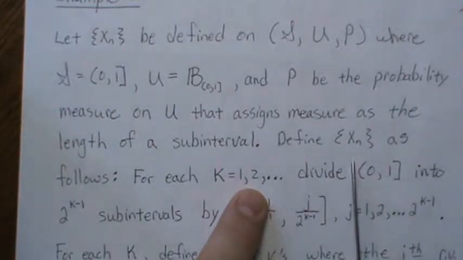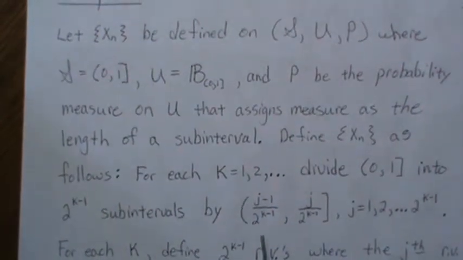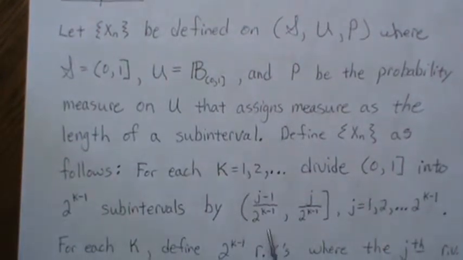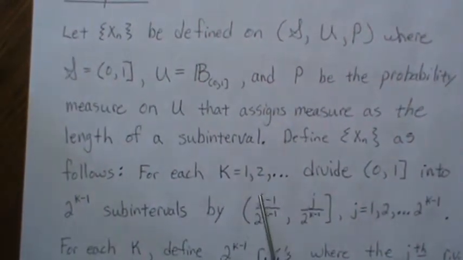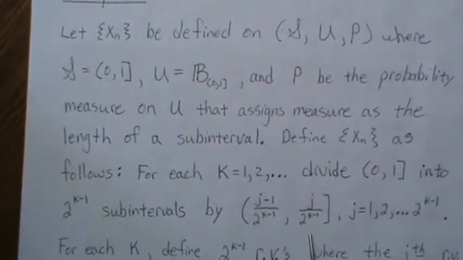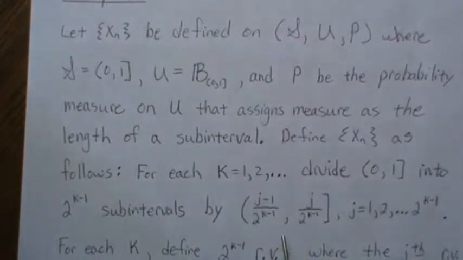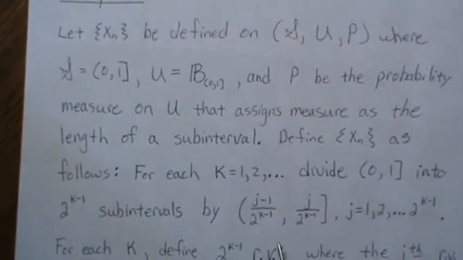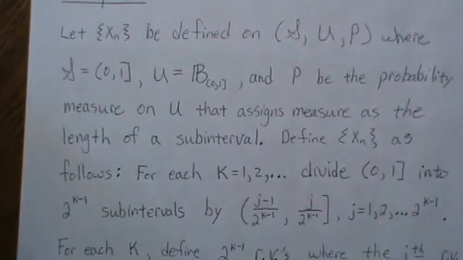When k is 2, we divide it into 2 subintervals, and it just moves across the interval. When k is 3, there are going to be 4 subintervals, and then when k is 4, there's going to be 8, and for each k we subdivide it more.